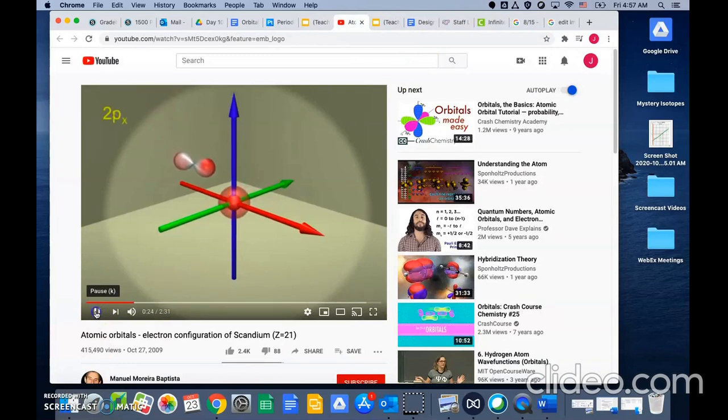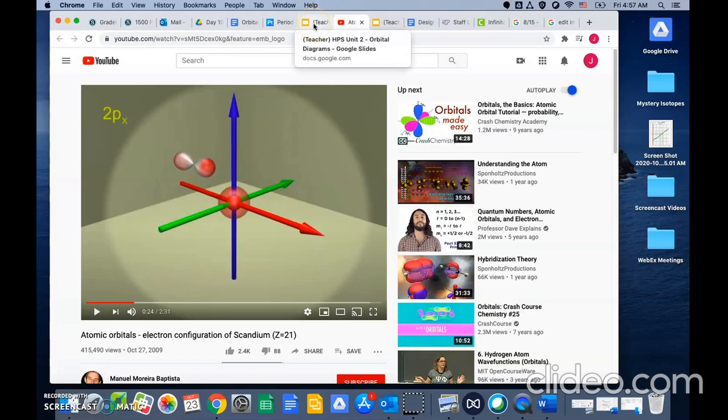Okay, so the next type of orbital is called a p-shaped orbital. You can see it kind of looks like a dumbbell, or maybe like two balloons end to end. For the p-shaped orbital, again, the electron exists on the surface of this, so not on the inside, but just on the edge.